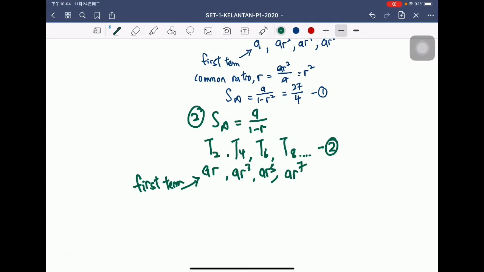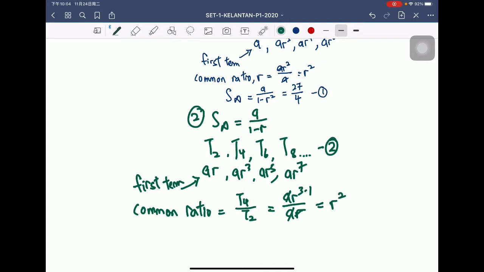How about the common ratio? For the common ratio we use the second term, T4, over T2. So it will be ar cubed over ar. The a and a can cancel out, and then r cubed over r, so one r is subtracted. So the r left is r squared only.